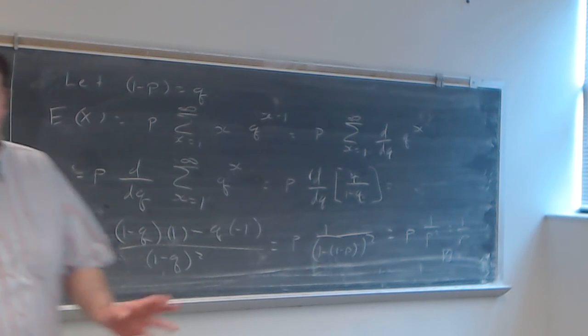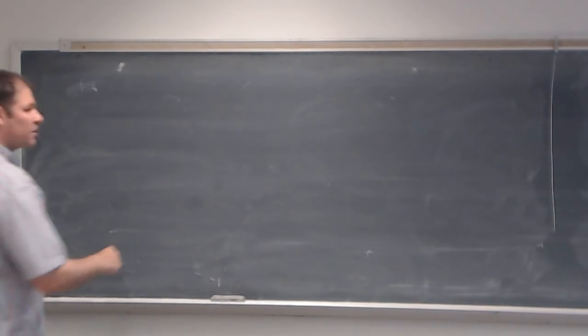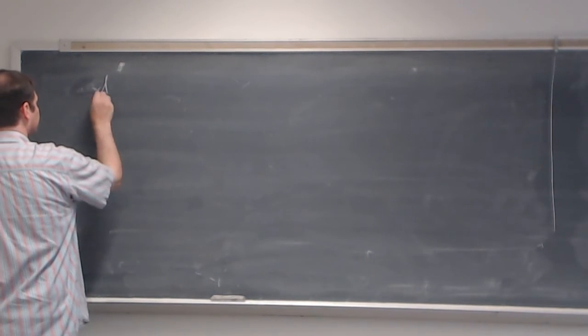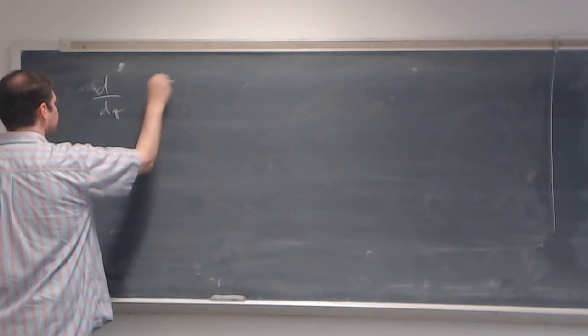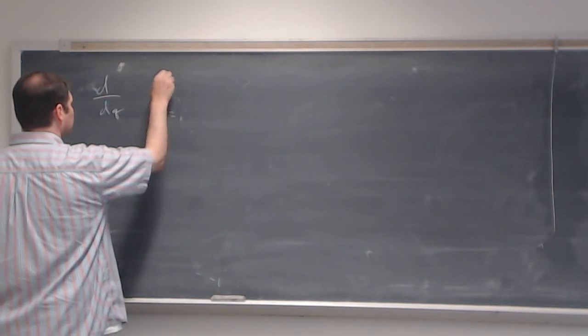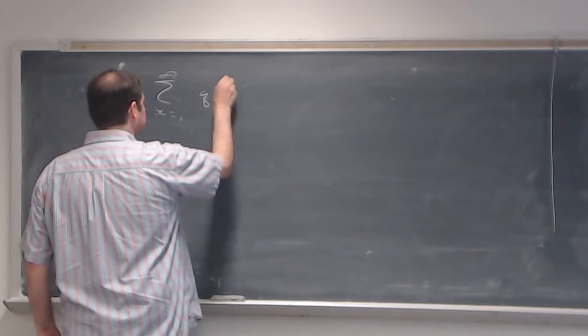So what do I want to look at? I'm sorry, I didn't look at this detail as well as I should have. So here, if we look at the derivative with respect to q, the sum as x runs from 1 to infinity of q to the x.